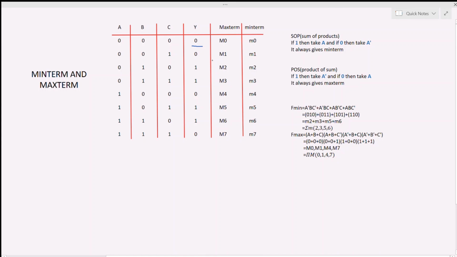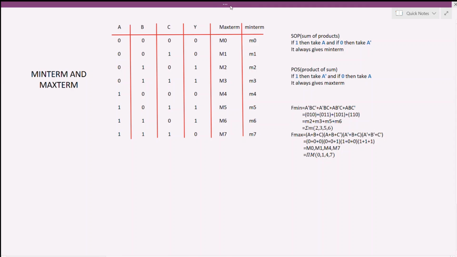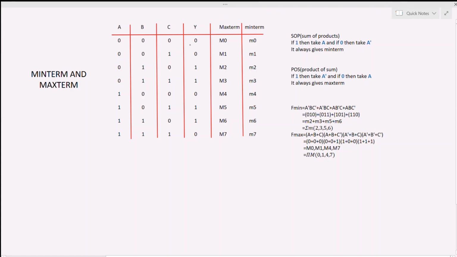And if the output is 1, then we consider it to be a minterm. So here m2 is a minterm, m3 is a minterm, m5 and m6 are minterms, and the maxterms are nothing but M0, M1, M4 and M7.